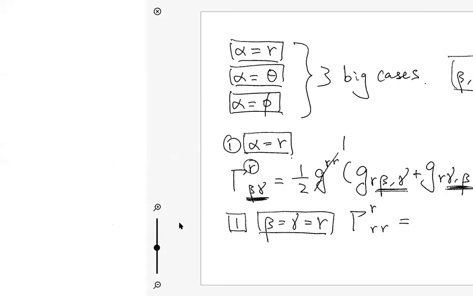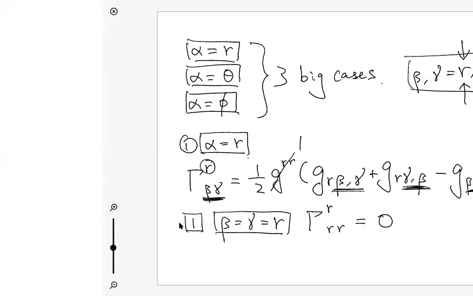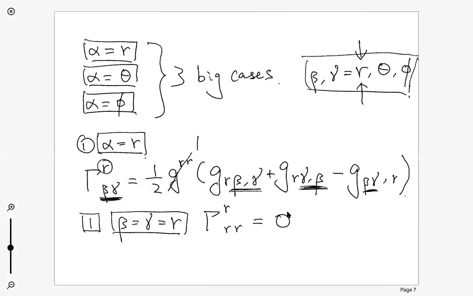Zero. Okay, why? Why is it zero? Okay, GRR is 1, very good. So the trick really lies on this formula here. Or I should say, I should underline this, the whole thing here. We can just quickly substitute r into beta here, gamma here, right?